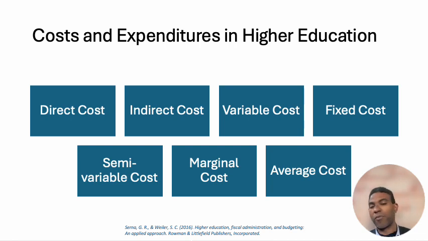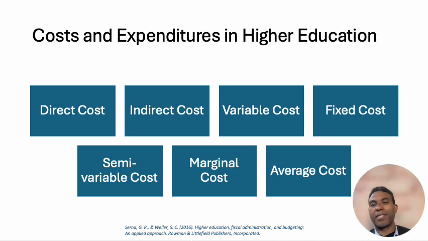But there are others that are more semi-variable. So there is some variability. The authors give the example that during the workday, your physical plant costs are kind of a fixed cost, but operating them in the evenings would tend to be more incremental, so it becomes variable in that time period.